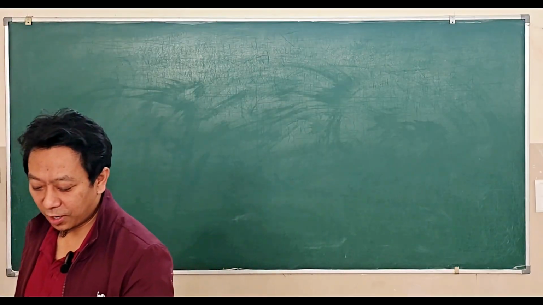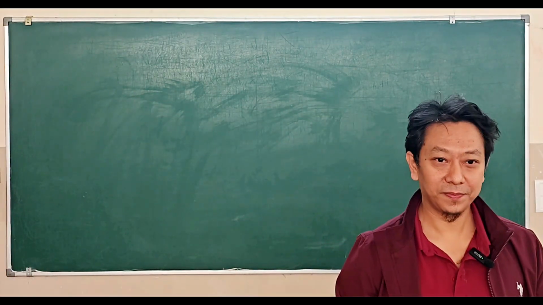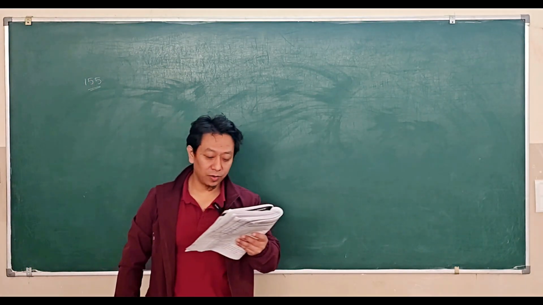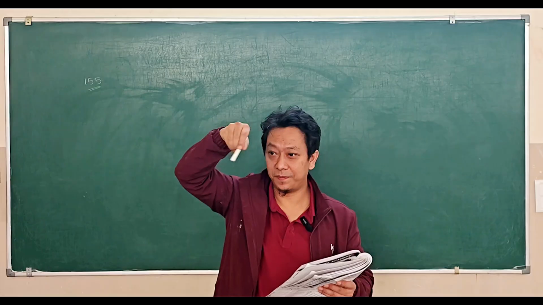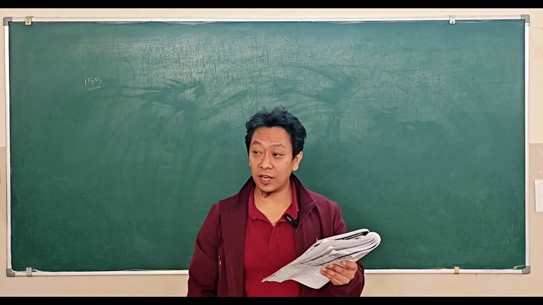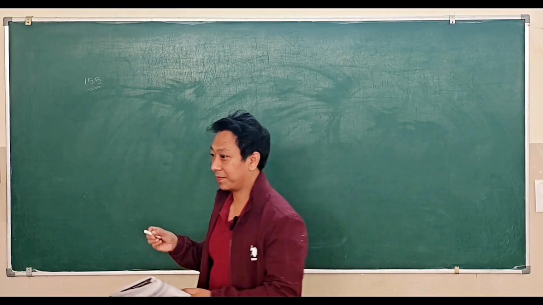See question number 155. There is a clock with a metallic pendulum. At 15 degrees Celsius, it runs faster by 5 seconds each day.